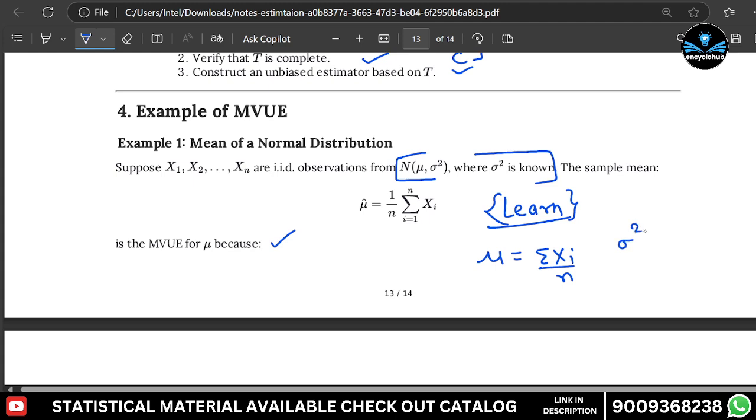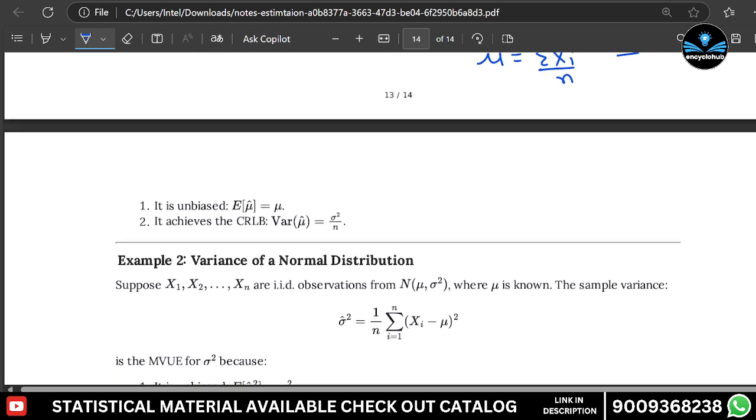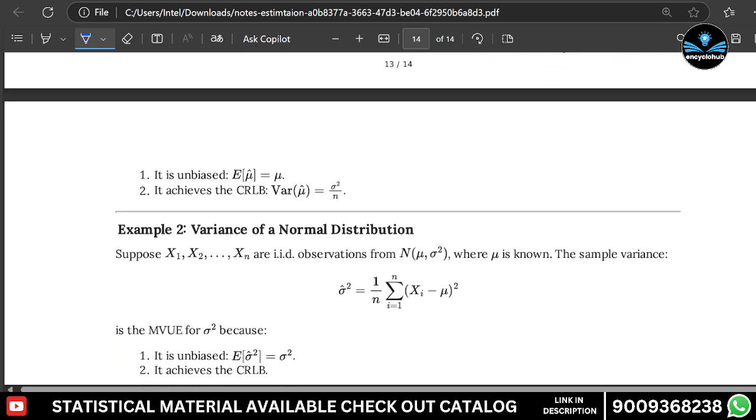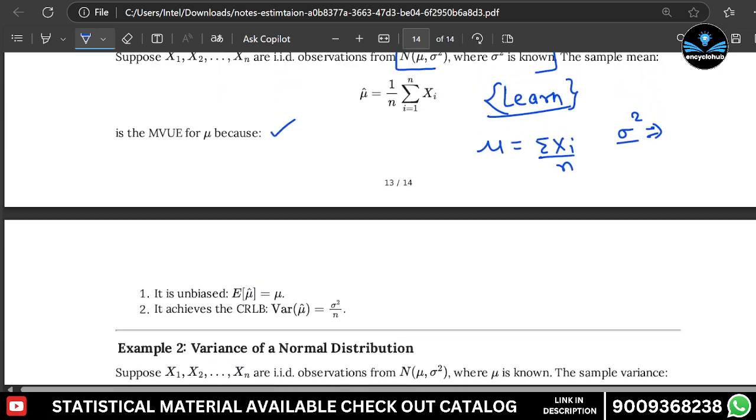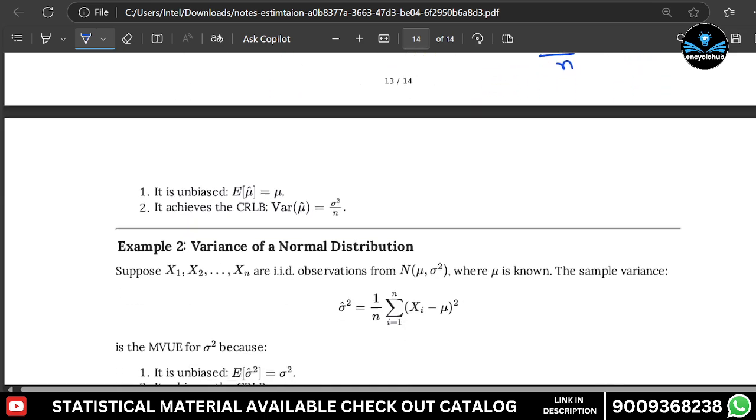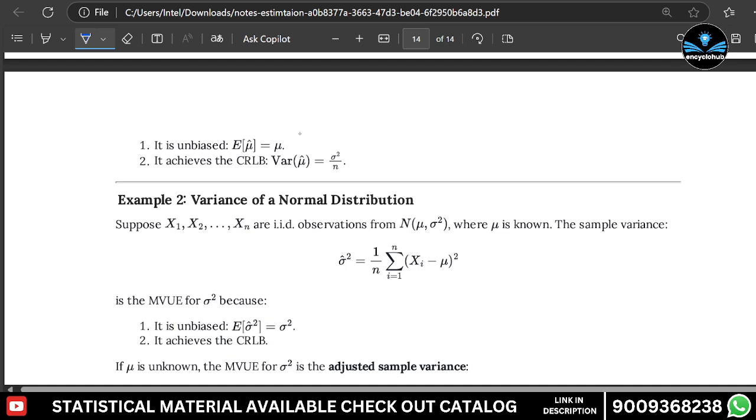It is unbiased and achieves the CRLB, because the variance of mu cap is equal to sigma square upon n. So as n increases, the variance will be less.